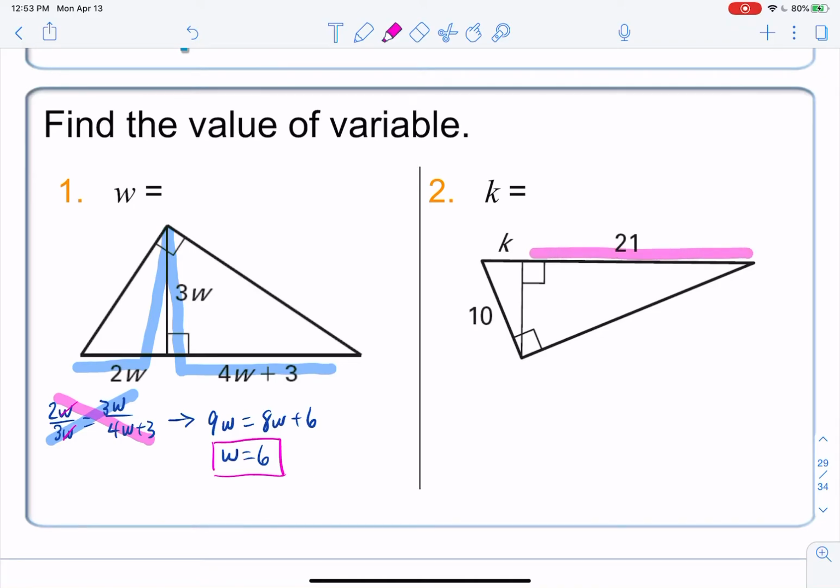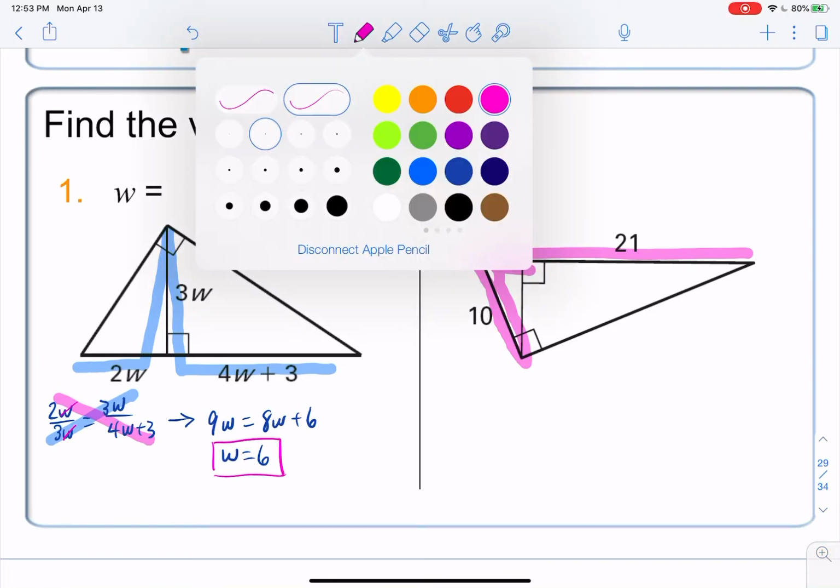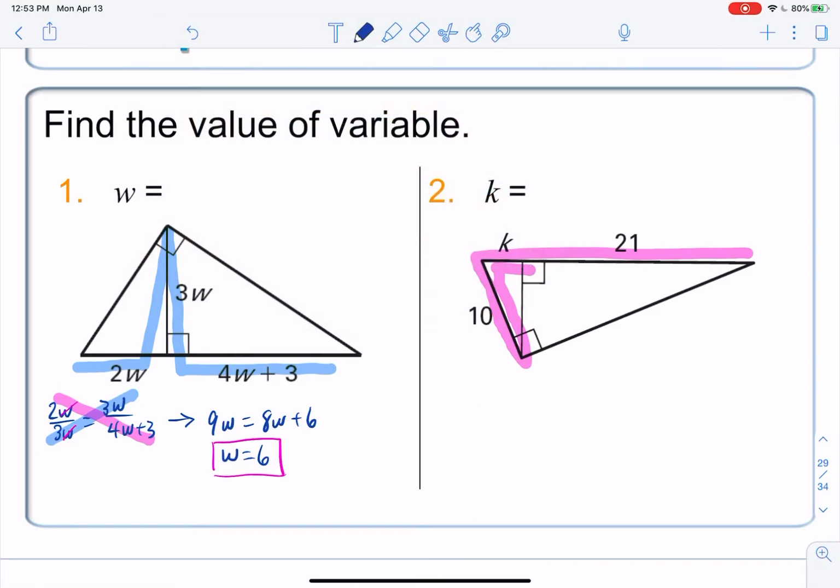I know we don't have that whole entire length, but it would be k plus 21 over 10 is equal to 10 over k. So yeah, we do have enough pieces for this one, and let's set it up. It was k plus 21 over 10 is equal to 10 over k.